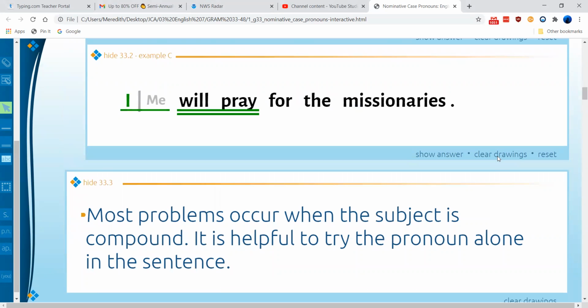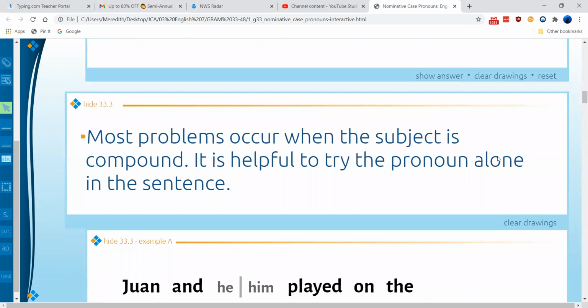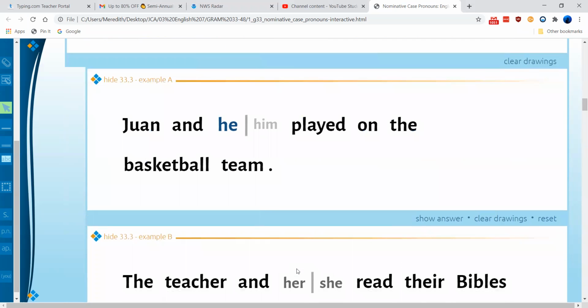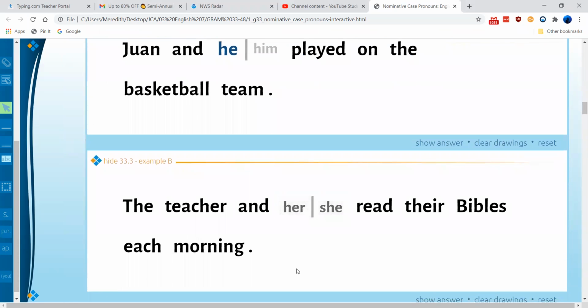All right. The third point is that most problems occur when the subject is compound. So if you have a noun or a proper noun combined with your pronoun, take it out. Just have the sentence with just your pronoun as the subject to help you get a better idea. In this case, Juan and he played on the basketball team. Take out the Juan and just say he played on the basketball team. Then it becomes pretty clear, I think, for most of us that he is the correct case.